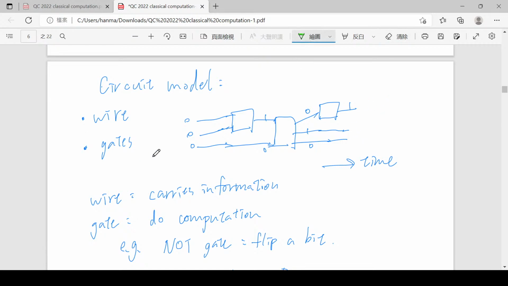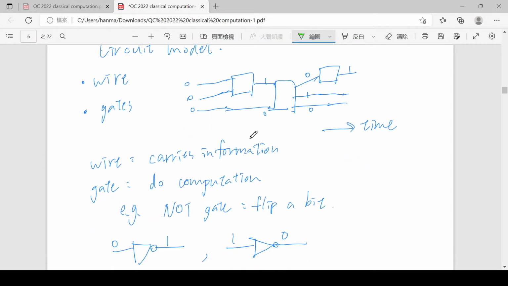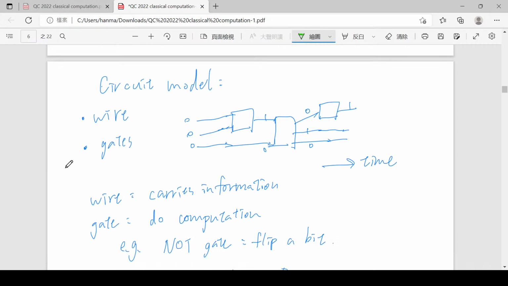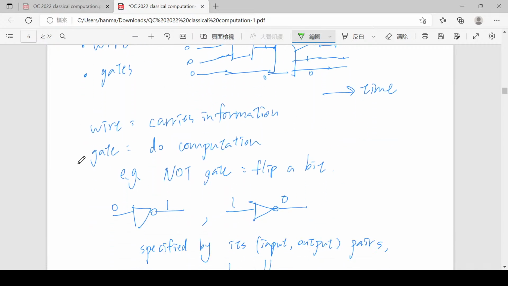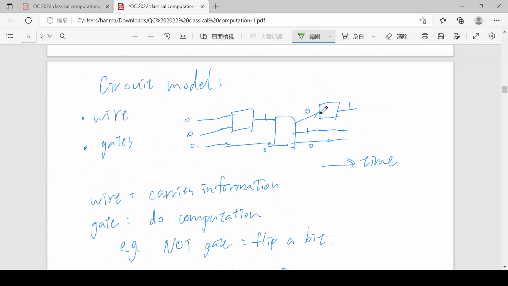I think it's more practical than Turing machine. But if we compare it to the Turing machine, you will see the circuit model is a lot less general. When you write the algorithm in circuit model, obviously you can write an algorithm, you place some gate here, some gate there, and you will do some computation.